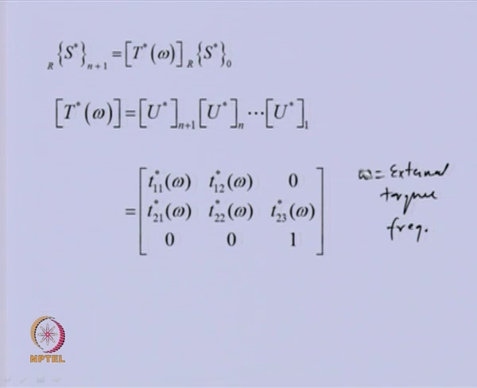So if we want the response for various external torque frequencies, we can vary this, and once we substitute in the various transfer matrices, they will be in the form of numbers, they can be multiplied to get the overall transfer matrix, which will also be in the form of numbers.